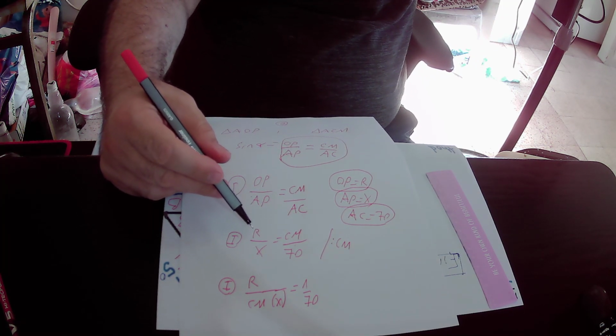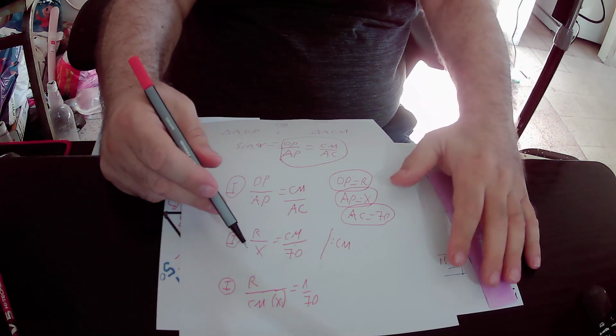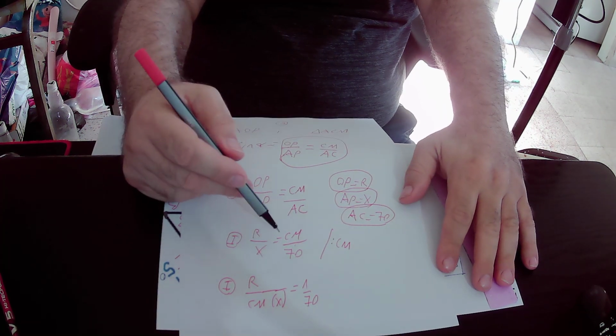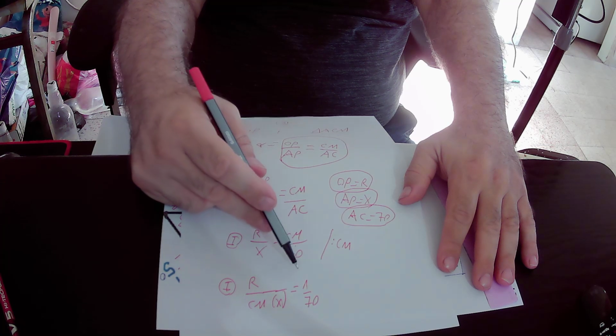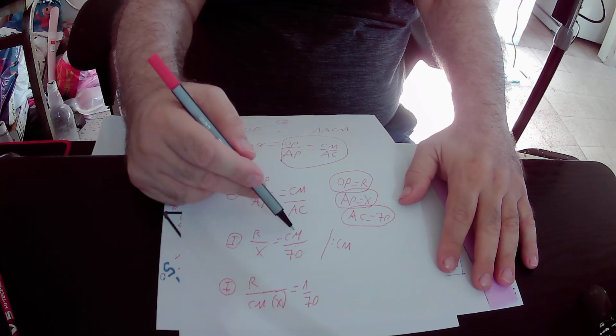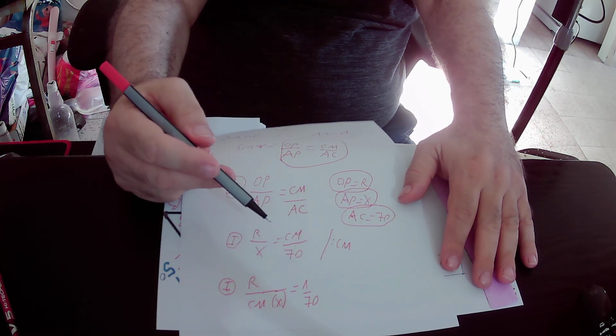So R over X divided by CM equals R over CM times X, and CM divided by CM equals 1. So we got here 1 over 70.